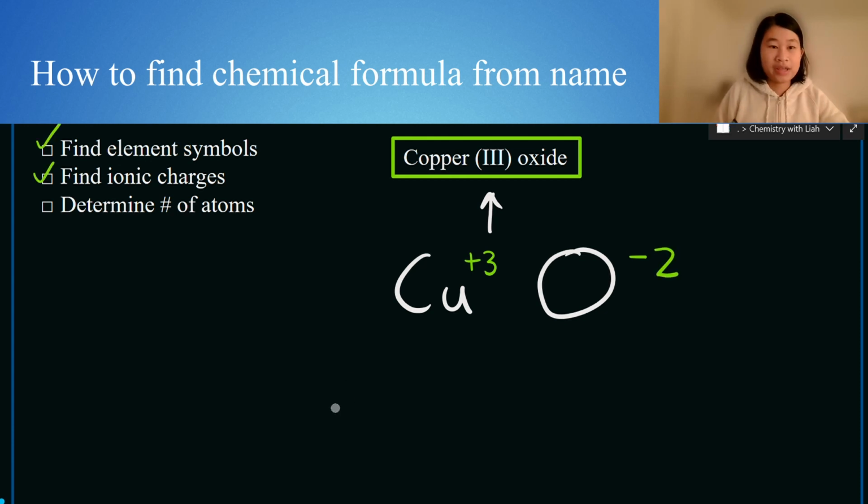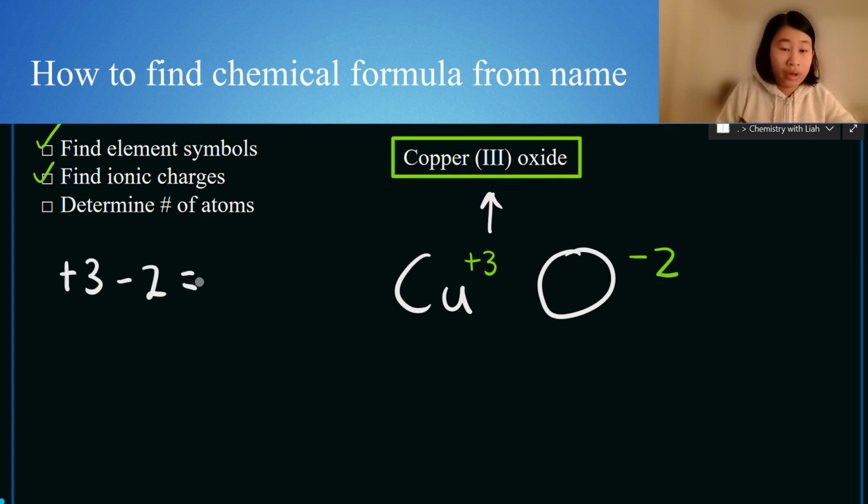And now our task is the same, to determine how many coppers and how many oxygens we need. At this point, we have +3 minus 2 if we put 1 and 1 together, which is not yet neutral. Okay, so we will again find the smallest multiple between 3 and 2. So that is going to be 6, so we'll have a +6 minus 6. So guess what?